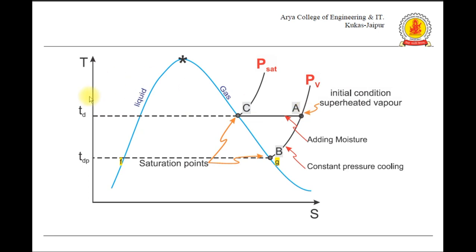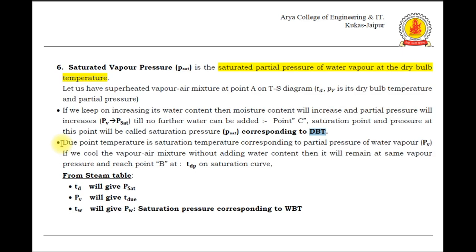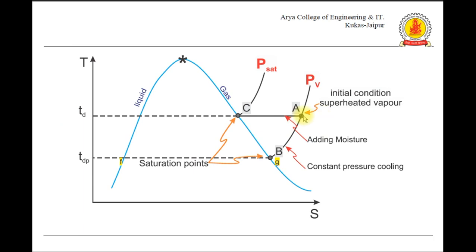From the steam table, if we are given dry bulb temperature and we see the pressure reading, then we will get P saturation vapor pressure.